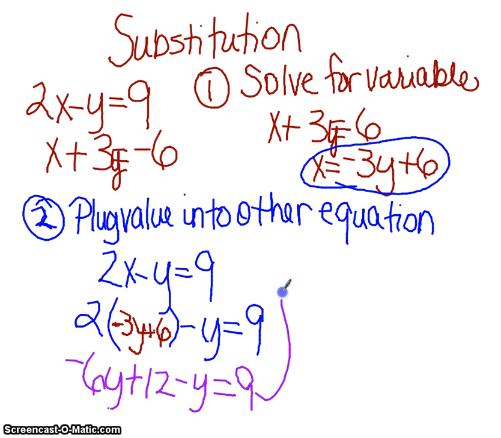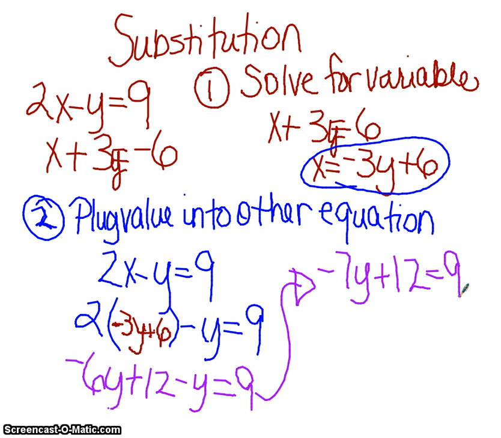I'm just going to continue that problem right here. When I combine my like terms, negative 6y minus y is negative 7y plus 12 equals 9, correct? So now I still want to get y by itself.